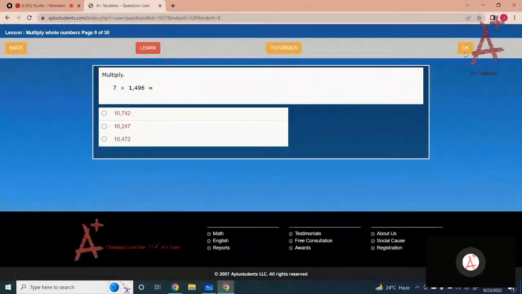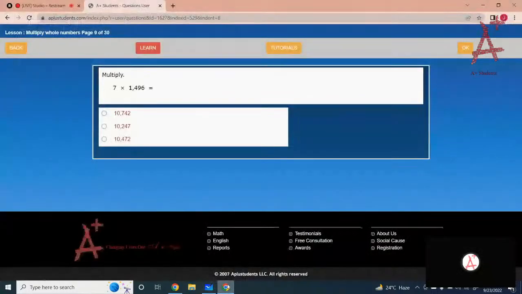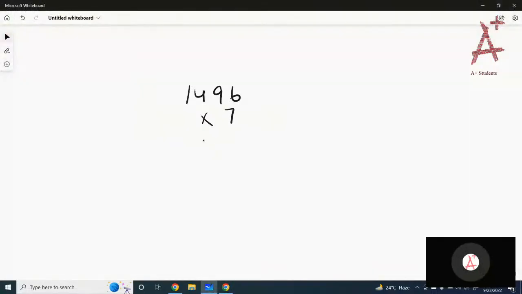1496 times 7, I think. Let me just check. Yes, it is 7. Okay, 7 times 6 is. You must be perfect when you are doing multiplications. Got it? 7 times 6 is 42.